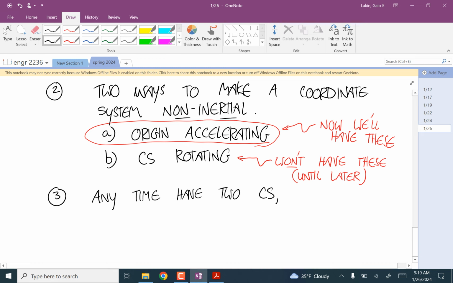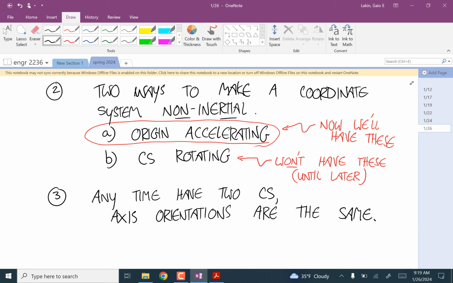So that just simplifies the math a little bit. So these cameras, one could be accelerating, one could be at rest compared to us. One could be accelerating anywhere it wants, but the whole time it's accelerating, those orientations are staying the same. You with me on that?